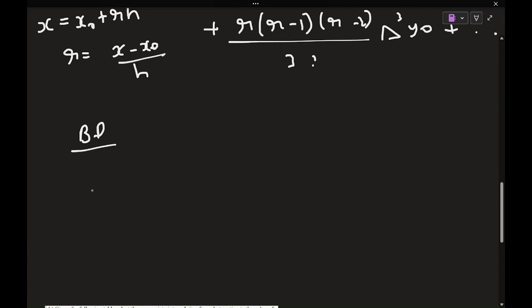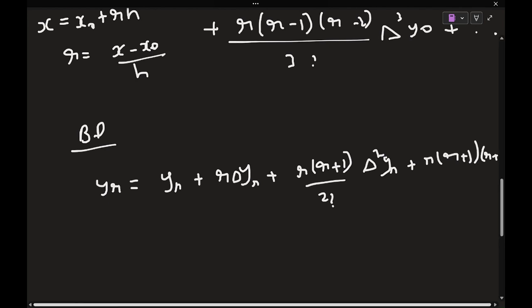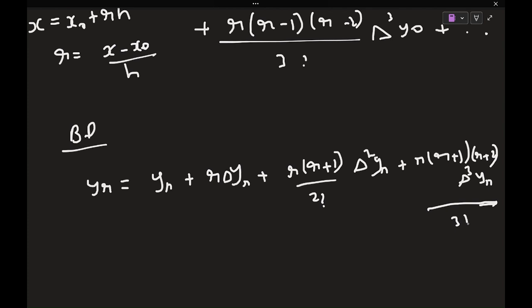As we go for backward difference, the formula is yr equals, instead of y naught we write yn, plus r into delta yn plus r into r plus 1 upon 2 factorial delta square yn plus r into r plus 1 into r plus 2 into delta cube yn, whole divided by 3 factorial, and so on.